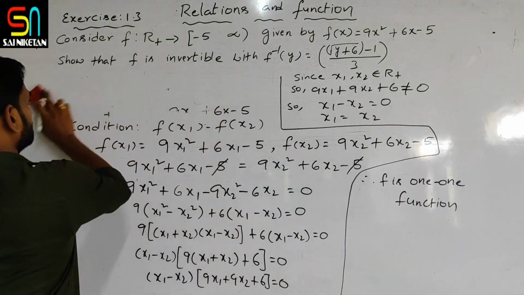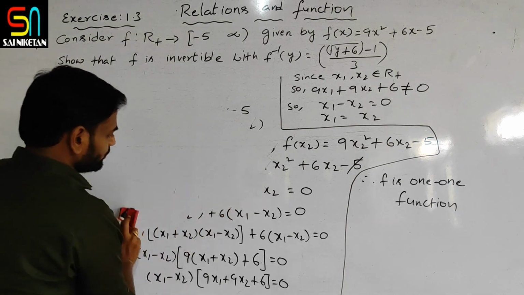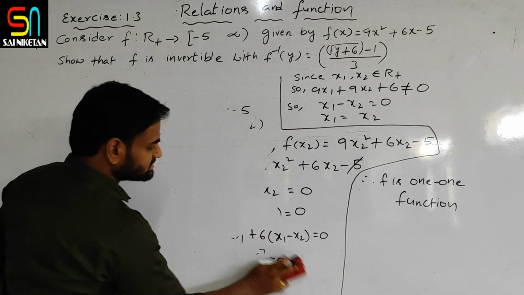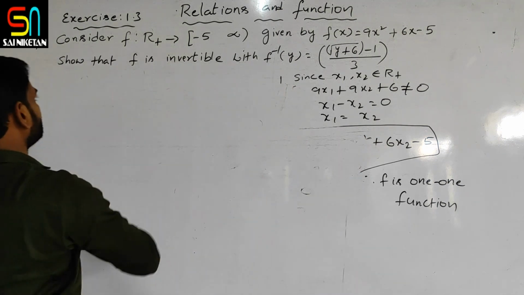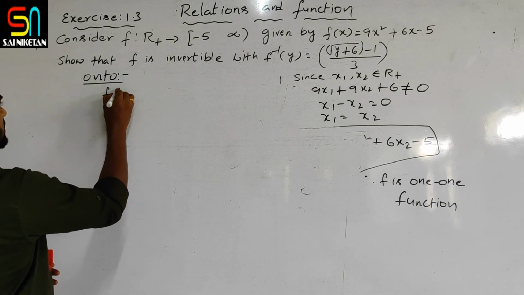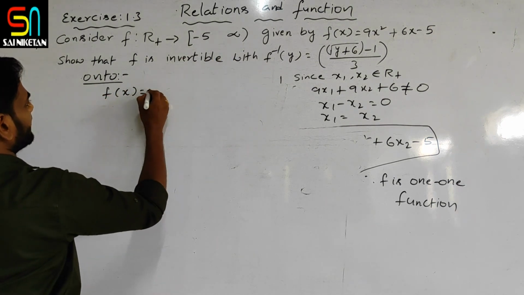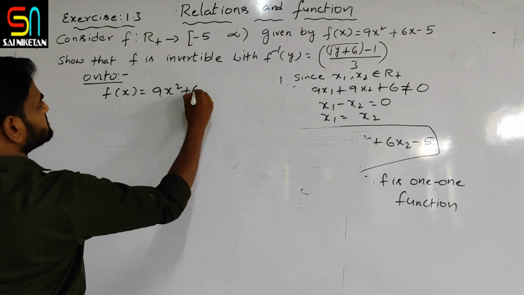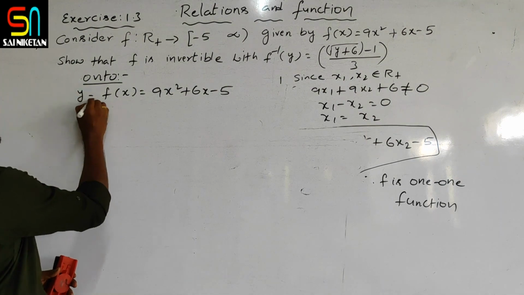Next, what about the onto function? For the onto function, what is the actual process? We have to take the function. What is the function? f of x equal to 9x square plus 6x minus 5. Take this function as y.